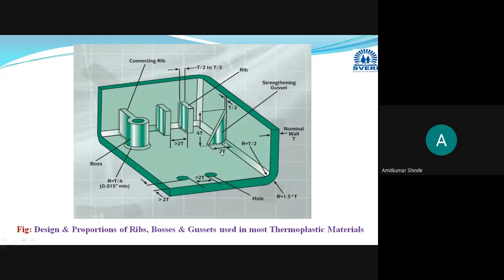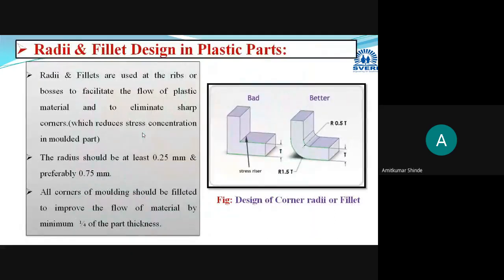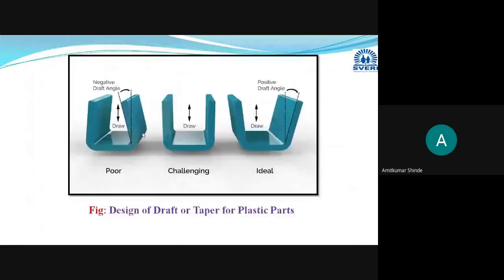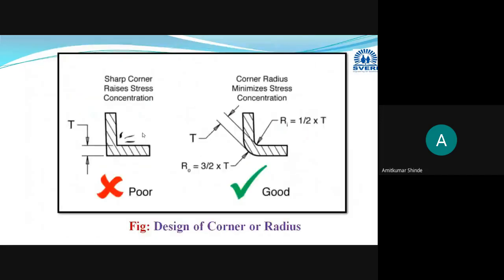In short, you can say they increase the strength of that part, or provide support to the boss. And these are radius and fillets, and drafts.